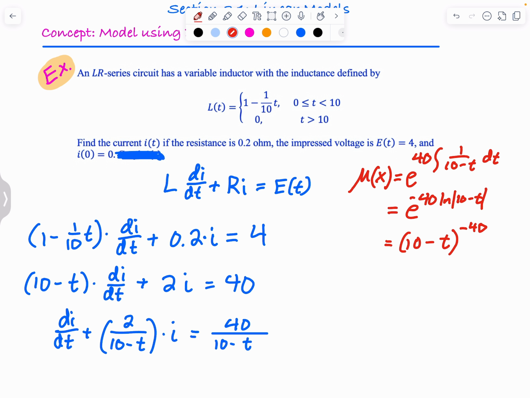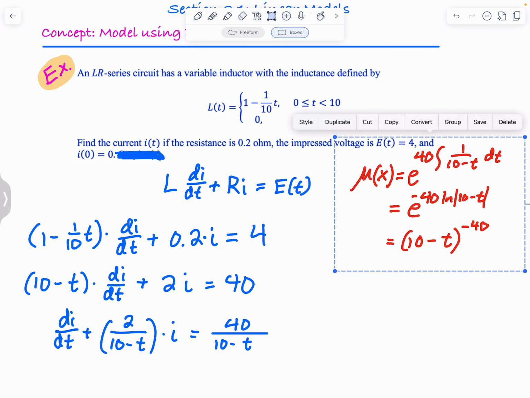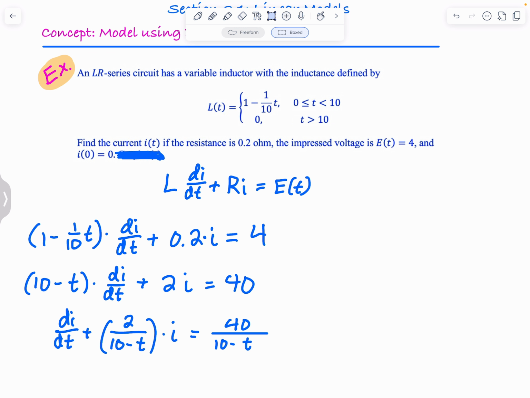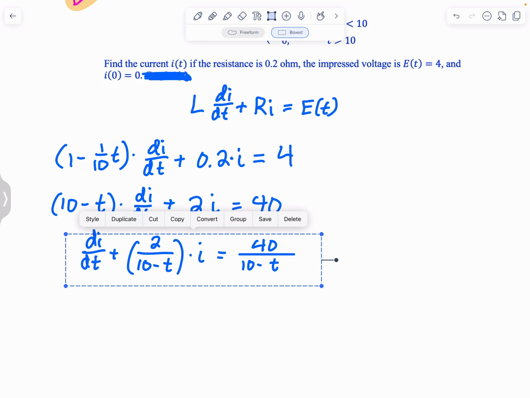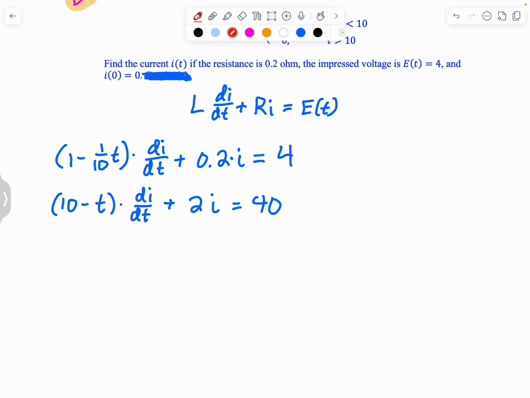I think it's separable. Let's go that route. Forgive me. So you could take that route. What scares me there is that 40. I really don't want to work with the 40th power. Maybe it'll be fine, but I think I'm going to go back and try to create a separable. And it's not totally obvious here. So I'm going to take that 2i and put it to the other side. First order linear is totally doable here.